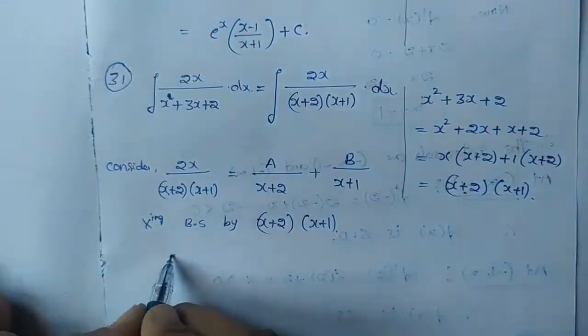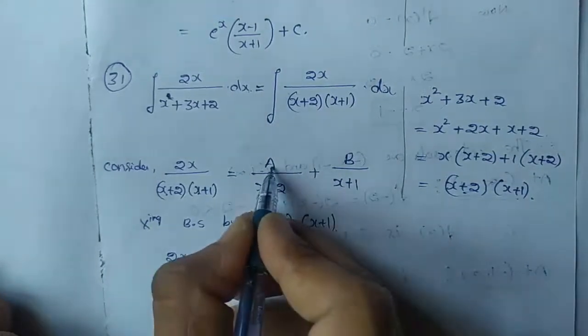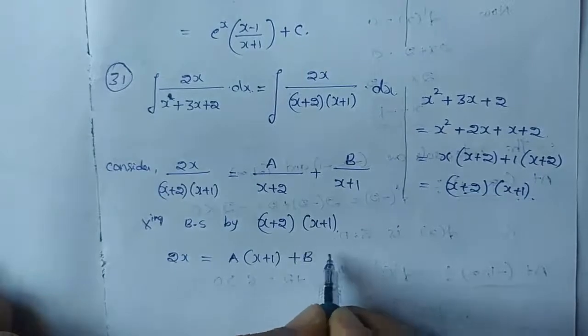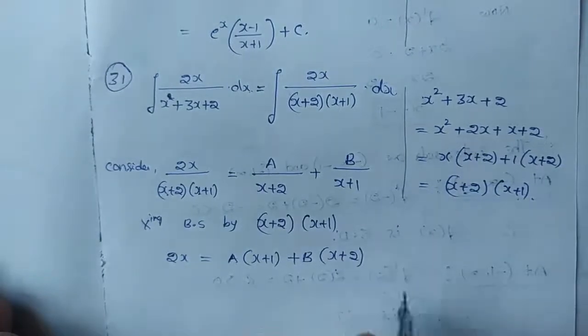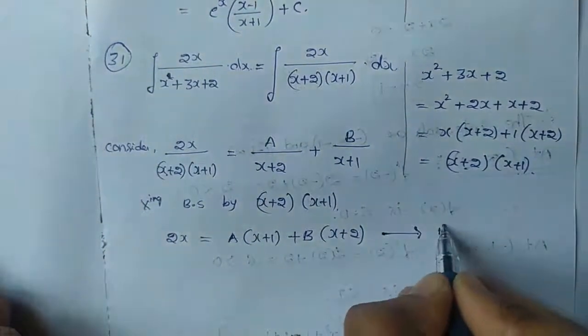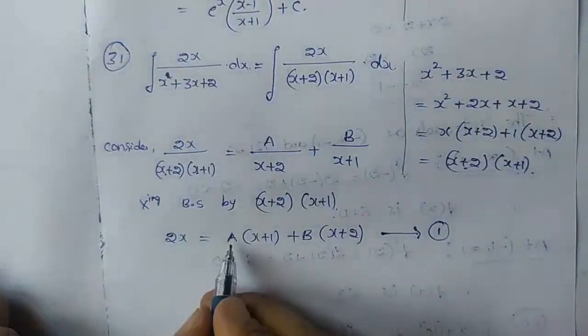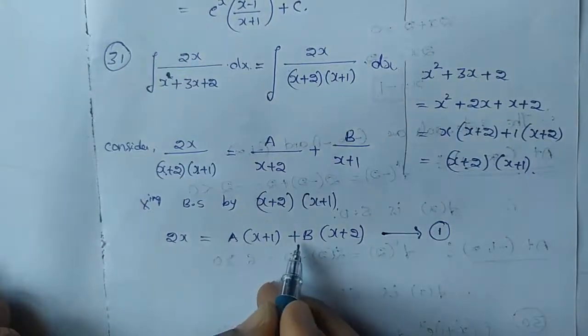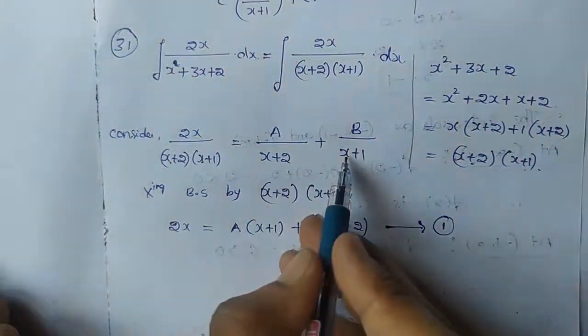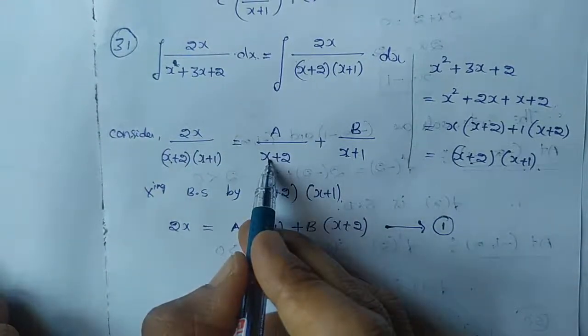Then what we will get? 2x equals A into x plus 1 plus B into x plus 2. Call this equation number 1. We have to find the values of A and B. How to find them? By putting x equal to minus 1 and x equal to minus 2.